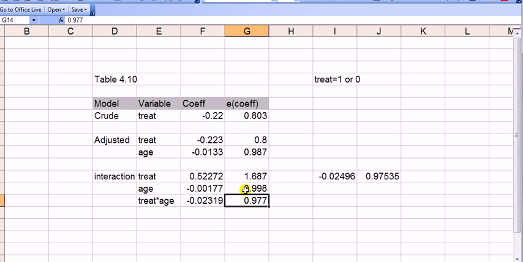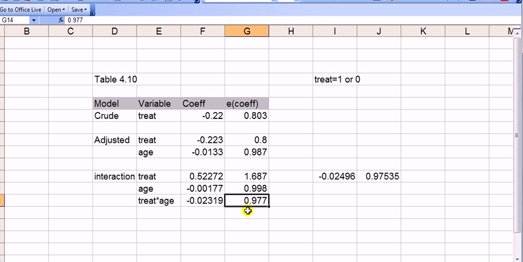The exponential of this coefficient is less than 1. So it tells us that for an additional year of age in the person who has had treatment, it reduces the risk of relapsing back into drugs by around 2.3%. In other words, it falls by about 2.3%.